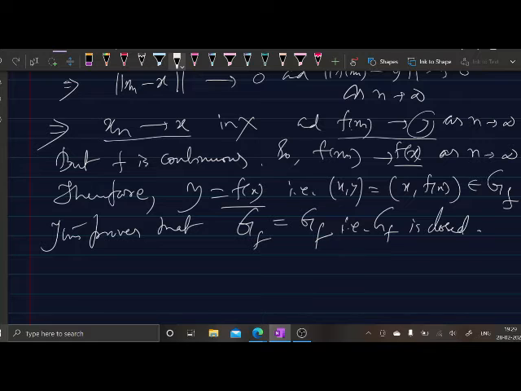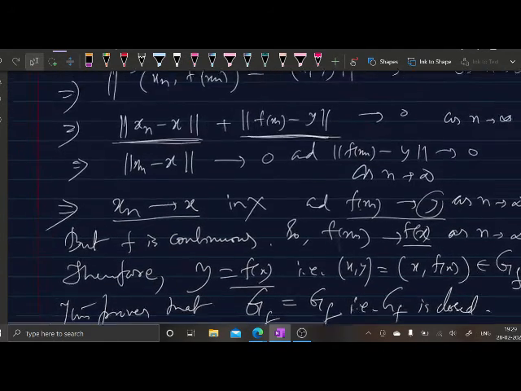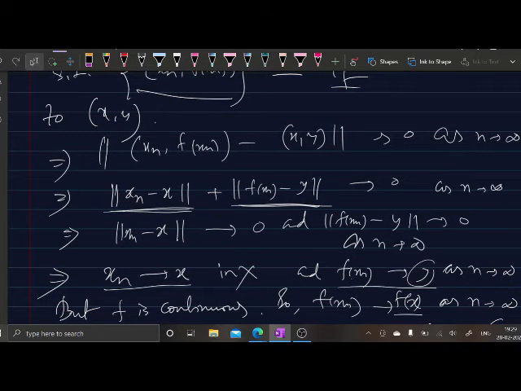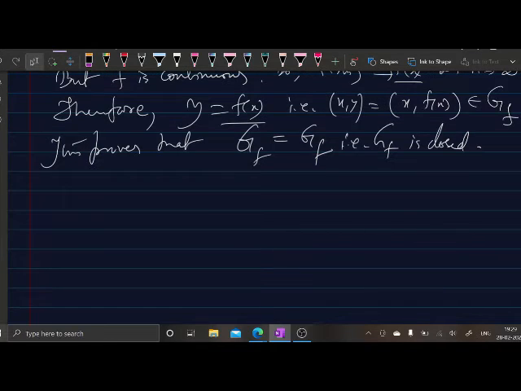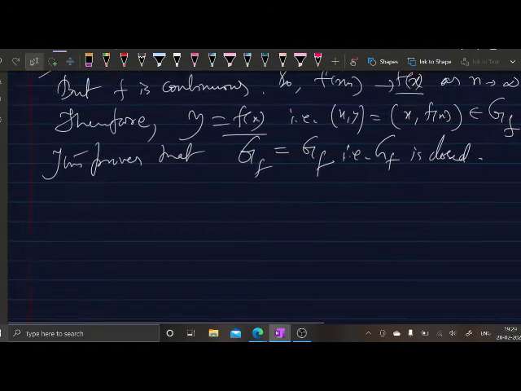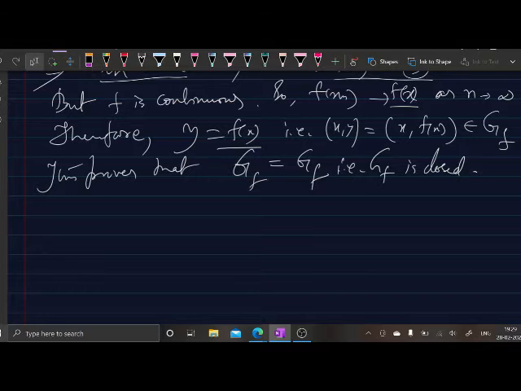So therefore, if you consider a continuous map from a normed linear space to another normed linear space Y, then the graph must be a closed set. Now if you take the converse of this observation, what about the converse?